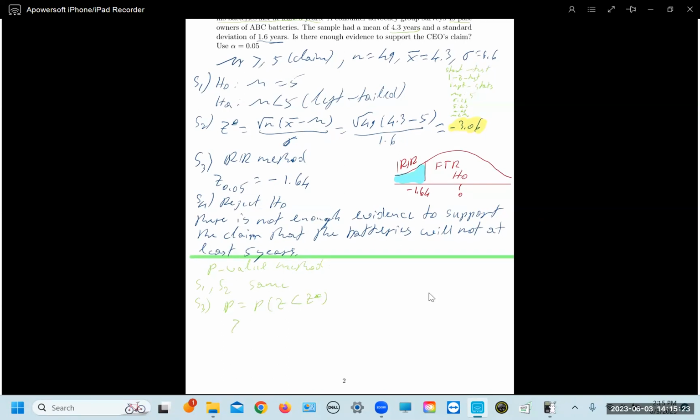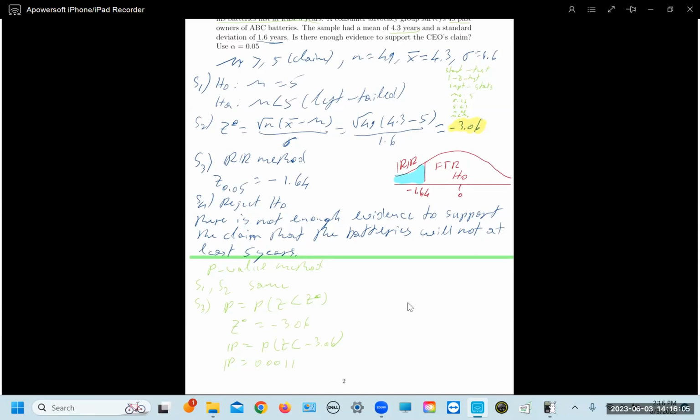Z star is equal to minus 3.06, which we have already. So P equal P of Z less than minus 3.06, with P equal 0.0011.